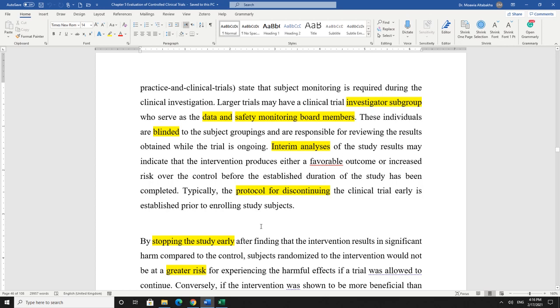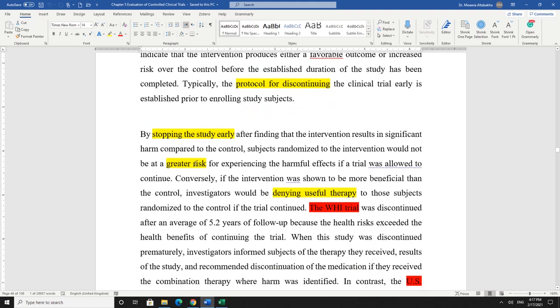They can see that, and once they know that there is something happening, maybe something wrong, there is a protocol for them to discontinue the trial and be unblinded. Meaning they will say, okay, there is something dangerous happening in group A, so we have to stop. So what is group A taking? We need to know that.